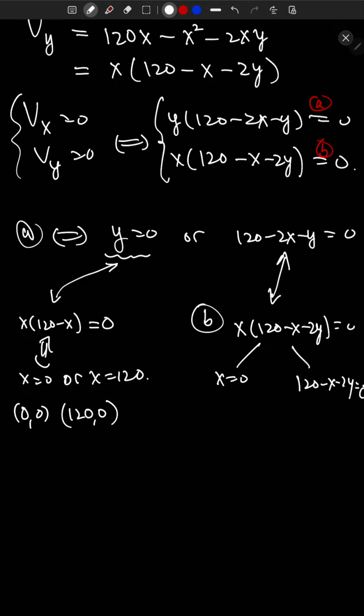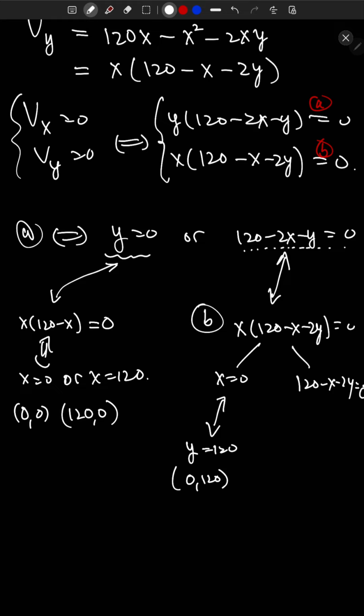All right. If x were 0, then I go back up to my equation 1. If x were 0 here, then y is 120, right? So this means y is equal to 120, and so we get a candidate 0, 120.